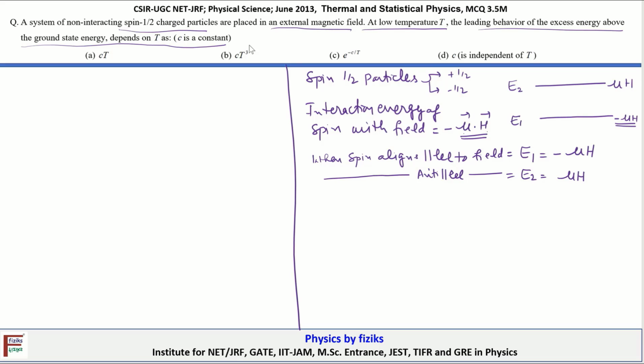So the partition function for this system with two energy levels E1 and E2 is given by, for one single particle, Q1 equal to the sum over i of g_i exponential minus beta E_i. Since these two levels are non-degenerate, g will be unity for both cases. So this is simply equal to exponential minus beta E1 plus exponential minus beta E2.